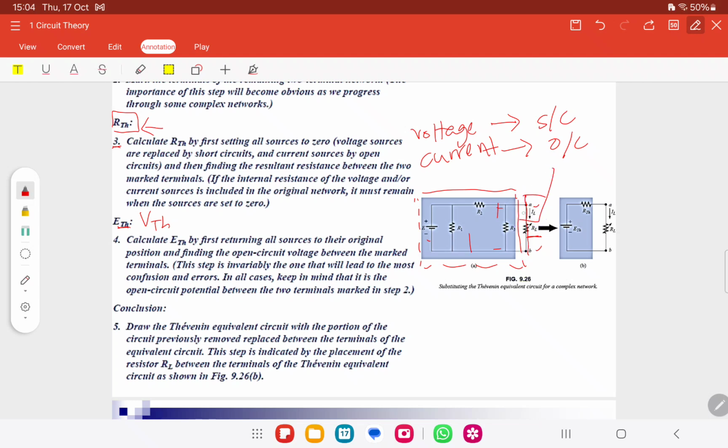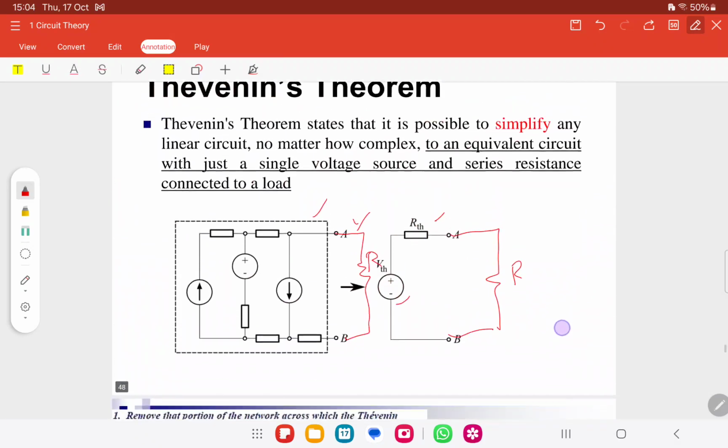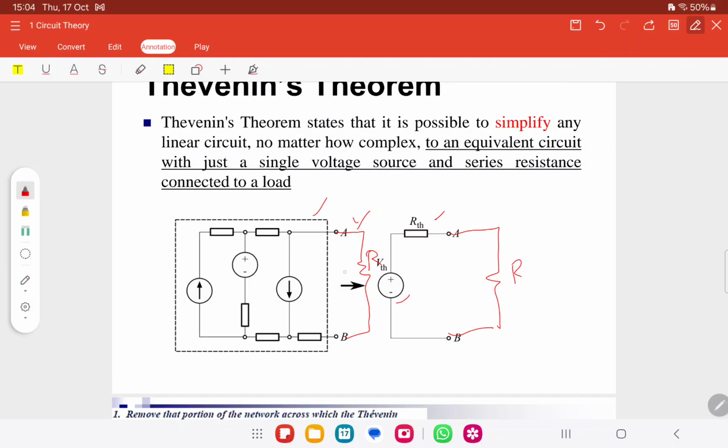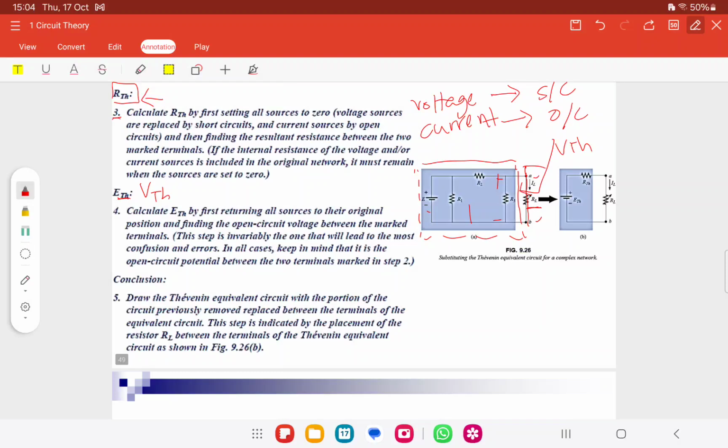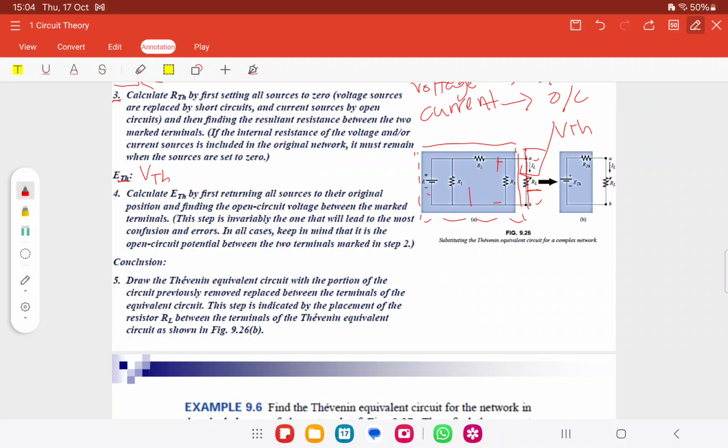So VTH is at this sebenarnya. Okay, kalau gambar tadi VTH is yang ni lah bila kita remove, so VTH kat sini. Okay, yang ni kira macam biasa, nak guna voltage divider, current divider. Alright, and then dah dapat VTH, dah dapat RTH, is draw the circuit and plug in component yang dibuang dari awal tadi. Yang ni lah yang RL kita dah remove tu. So this is the final step dia, ETH, RTH.